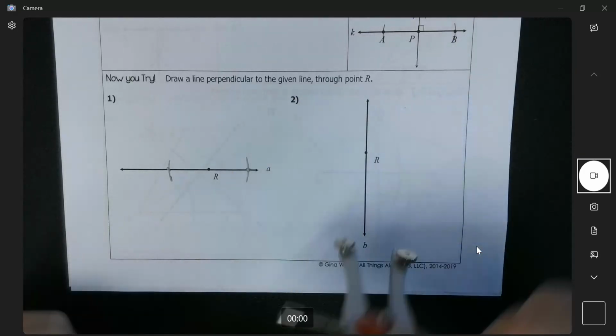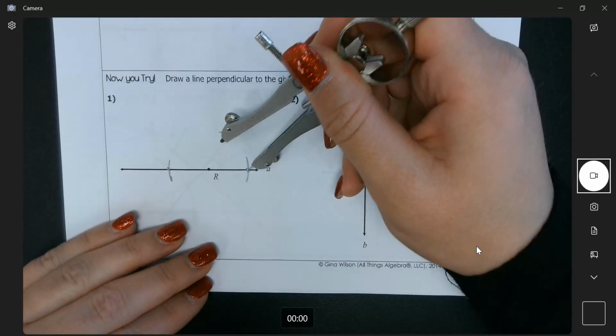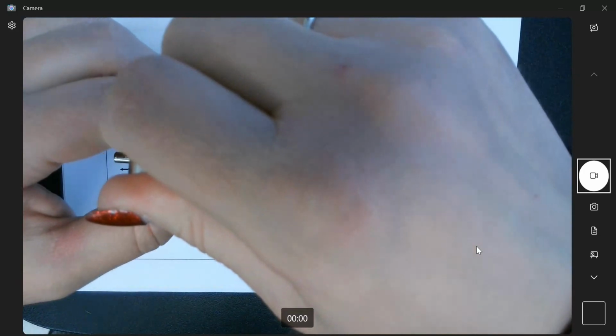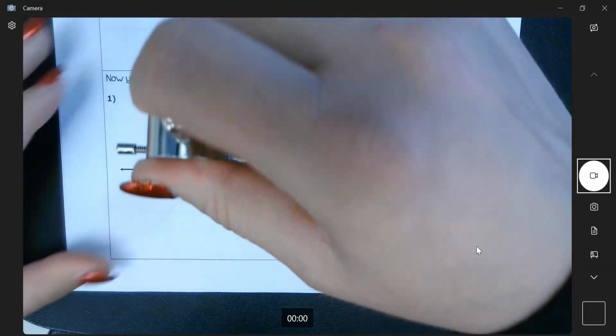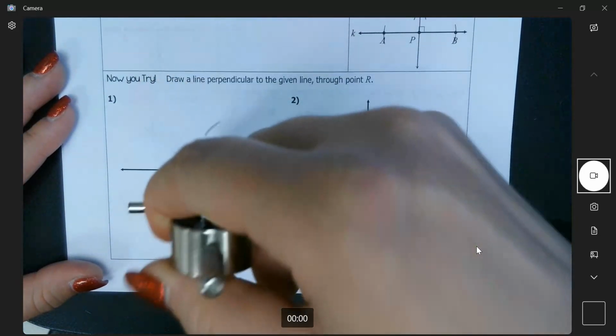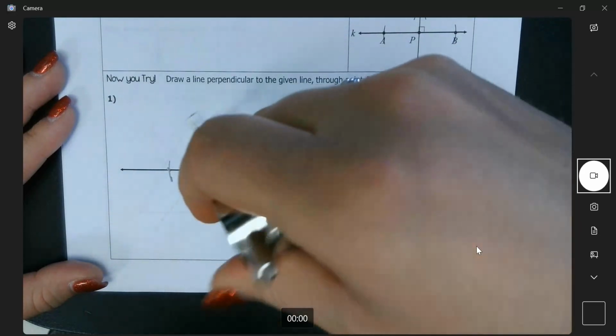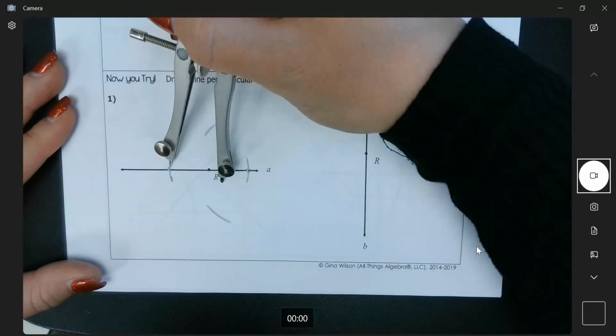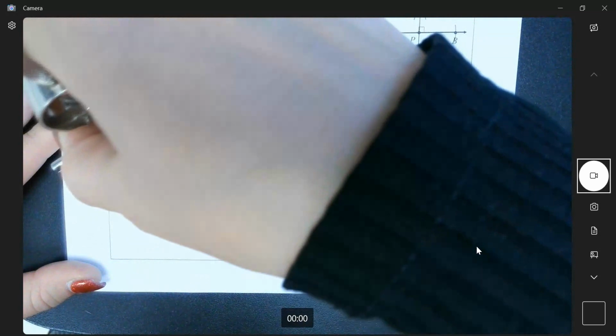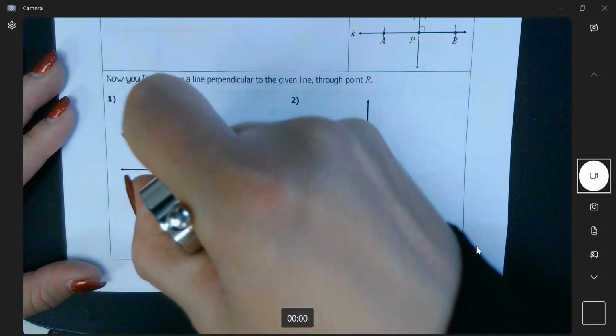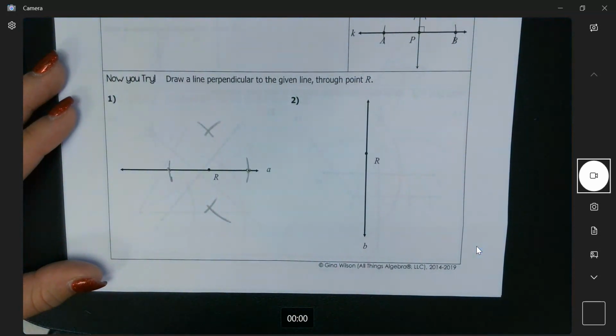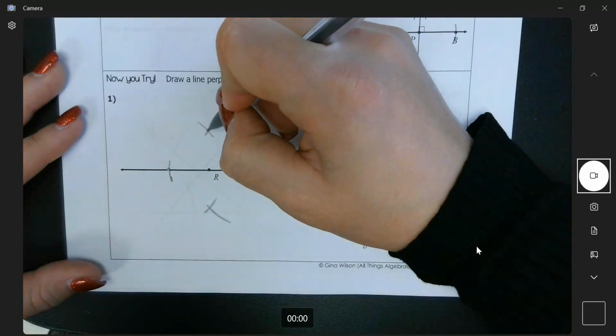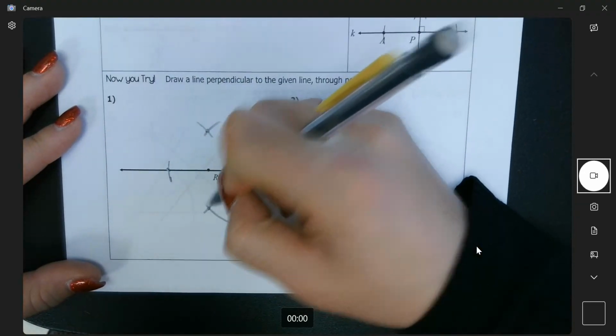So I'm going to take the point of my compass, place it on one of those points I just created, stretch the compass so it's a little bit past R, and make an arc above and below. And then do the same thing from the other intersection point you have. Make an arc above and below, just like that. I'm going to make this point here and one right here.